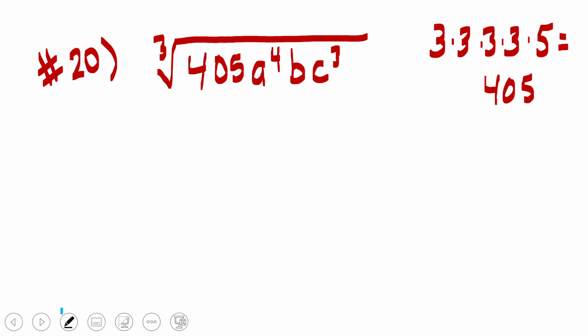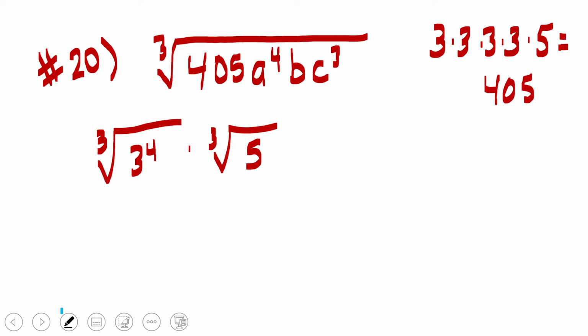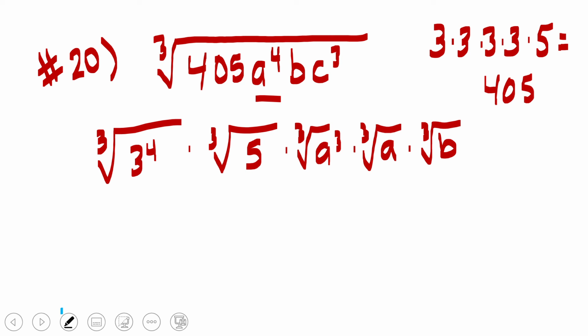So we would have the cube root of 3 to the 4th power times the cube root of 5 times a to the 4th. Well, we're going to do the cube root of a to the 3rd times the cube root of a times the cube root of b. We're going to leave the cube root of c to the third power alone.